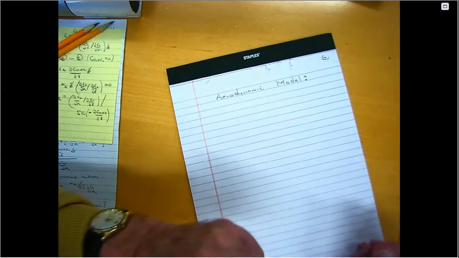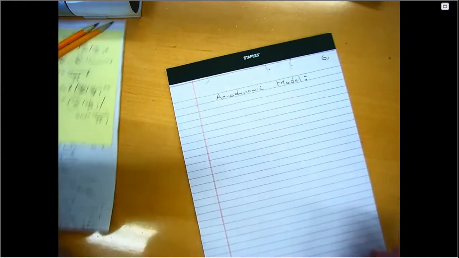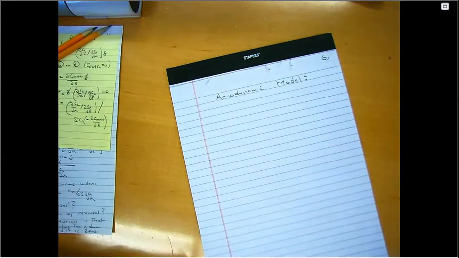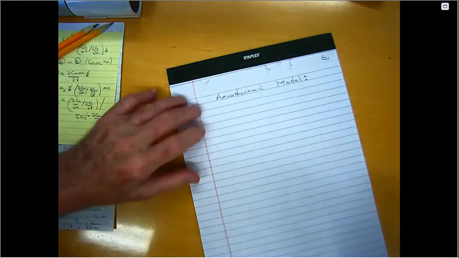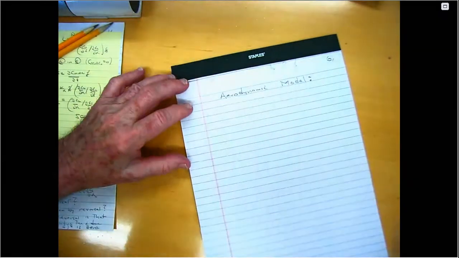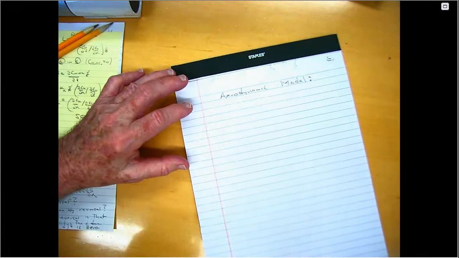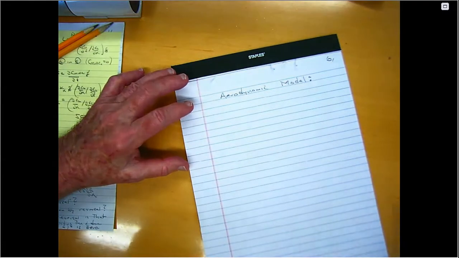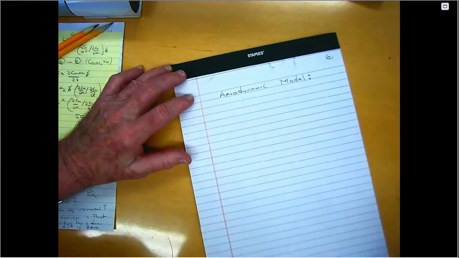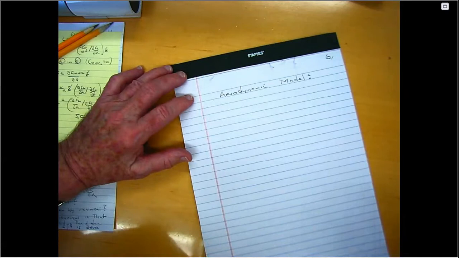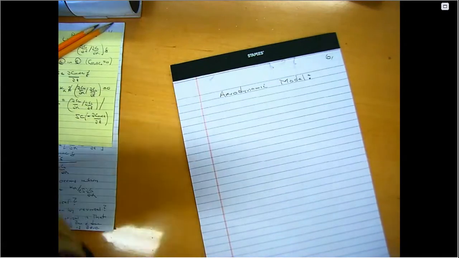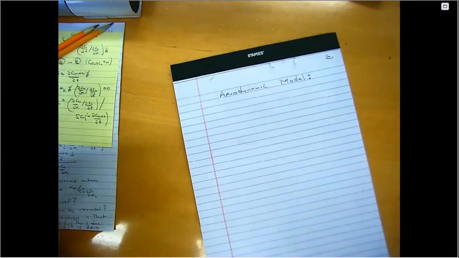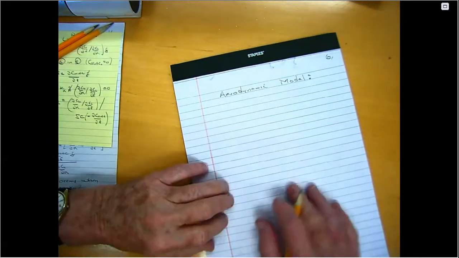This is called strip theory, at least in English. I don't know what they call it in Russian and French. But in English they call it strip theory because you're looking at each spanwise strip as though it's an independent two-dimensional airfoil. Which means we can use the same aerodynamic model we had before, except the moment is now the moment per unit span. Okay?